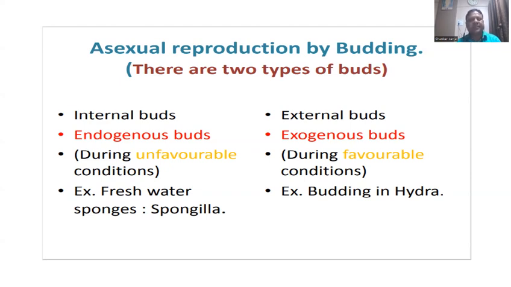In freshwater sponges, internal buds form, called endogenous buds. During unfavorable conditions, internal buds form, that is gemmule formation. And in hydra, external buds, exogenous buds, are developed during favorable conditions.